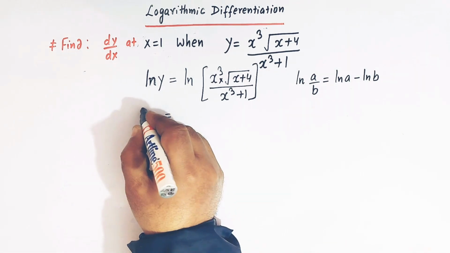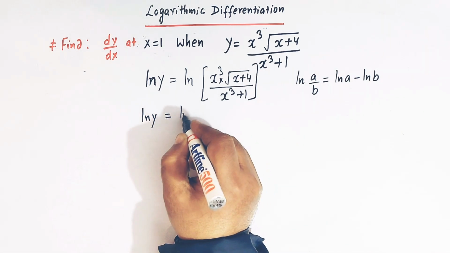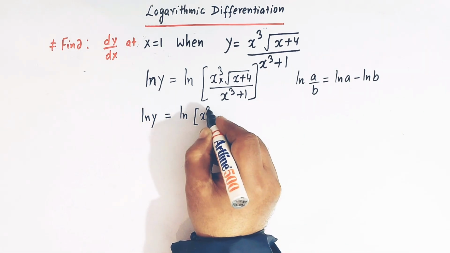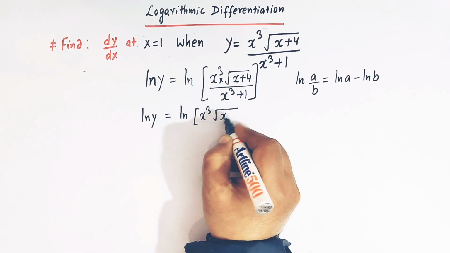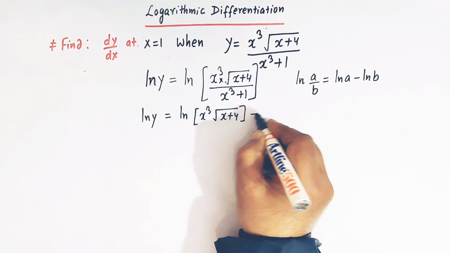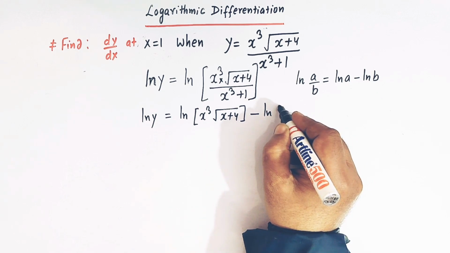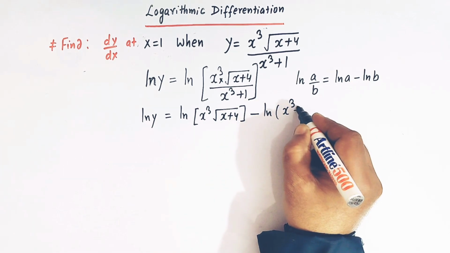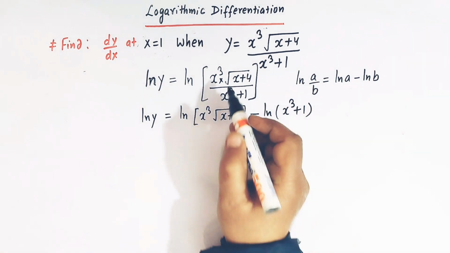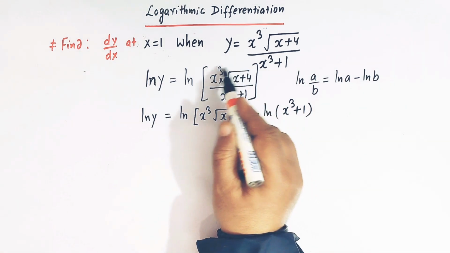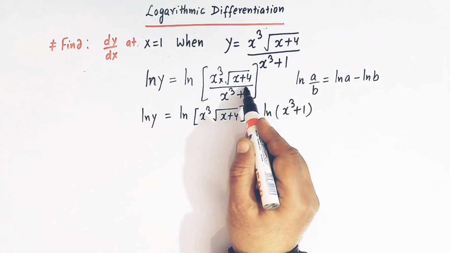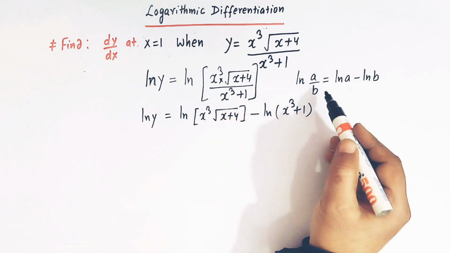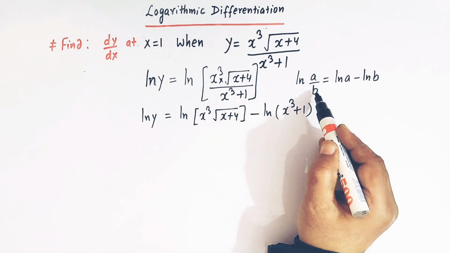So we can now write log of y is equal to log of x cube times square root of x plus 4 minus log of x cube plus 1, right? So this numerator can be treated as a, and the denominator x cube plus 1 may be treated as b.